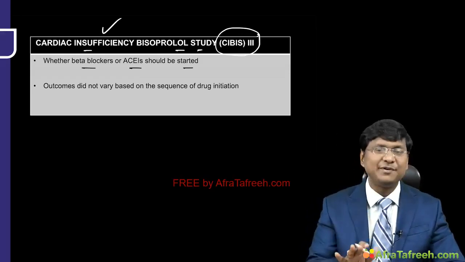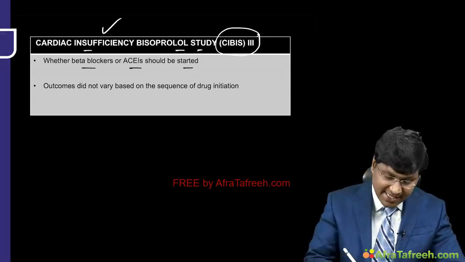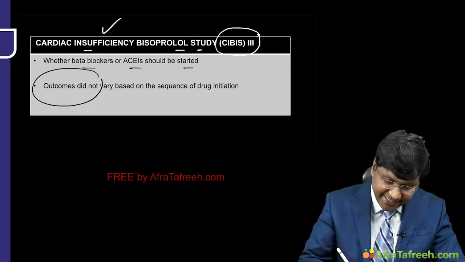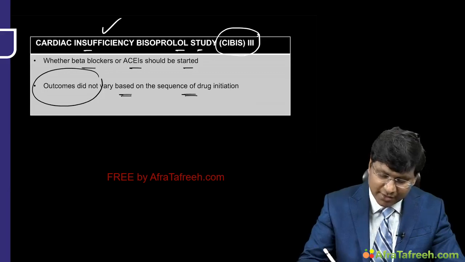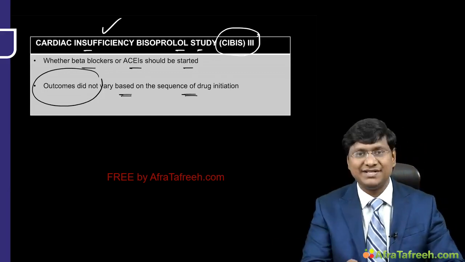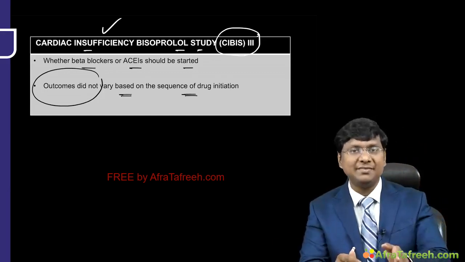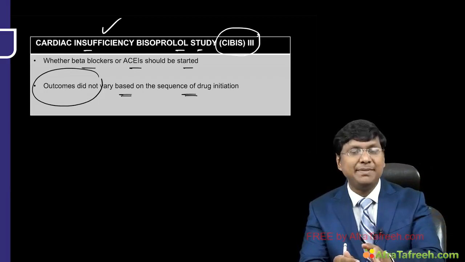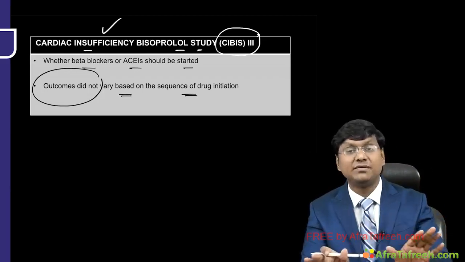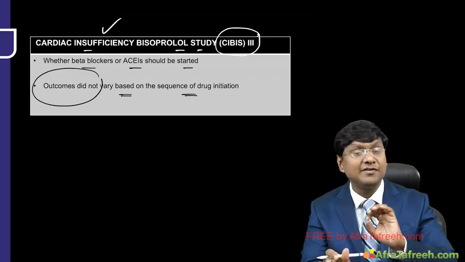What this particular study showed is that the outcome did not vary based on the sequence of drug initiation, whether you started ACE inhibitor first or beta blocker first. That did not matter at all. The outcome was the same.